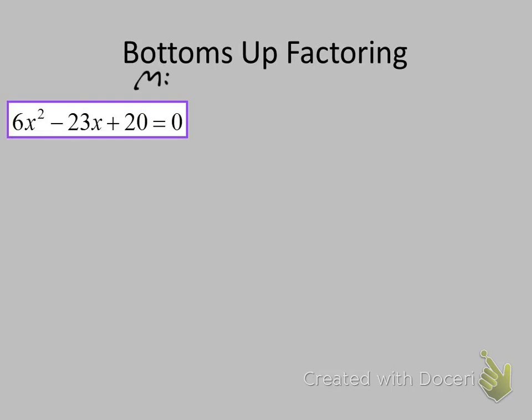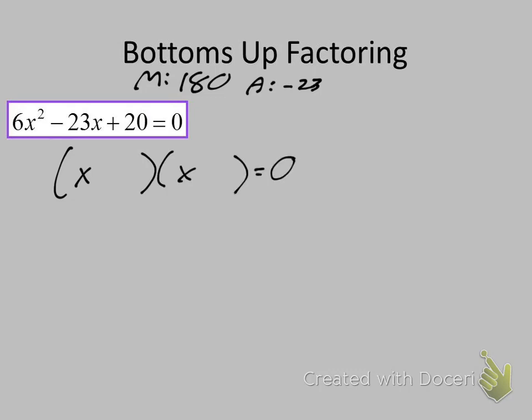So we got your multiply number being 180, add number negative 23. Okay, so there are sign rules to this.